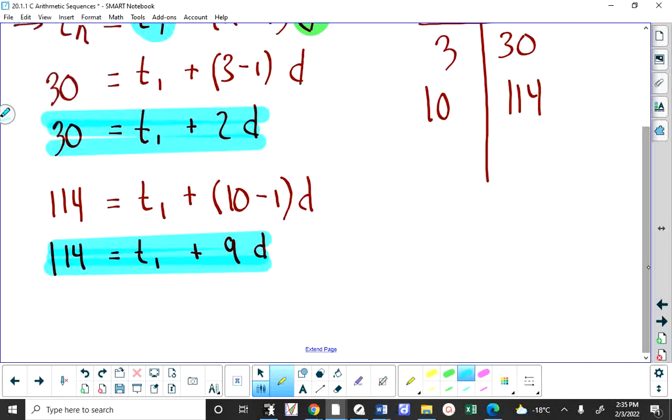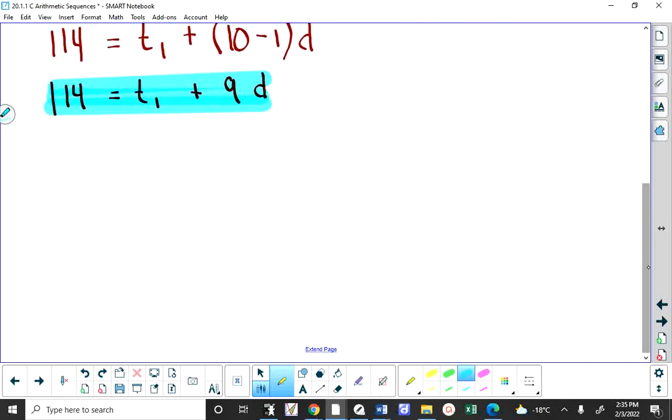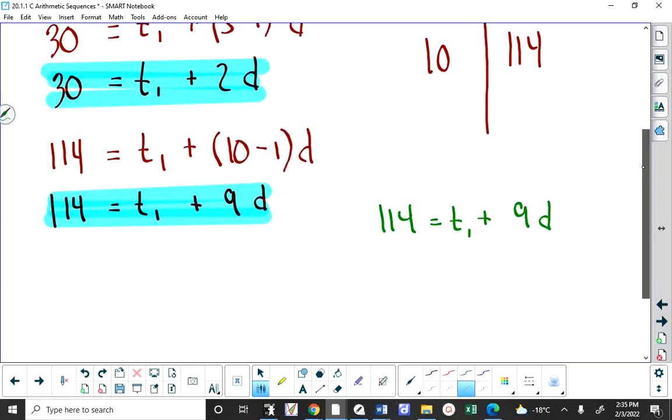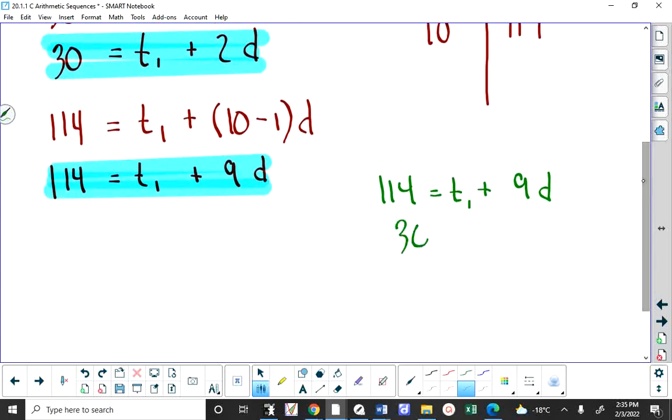I have 114 equals T1 plus 9D, and I have 30 equals T1 plus 2D. How many of you remember, and I know the past couple of years have been a whirlwind, how many of you remember vaguely what a system of equations looks like?